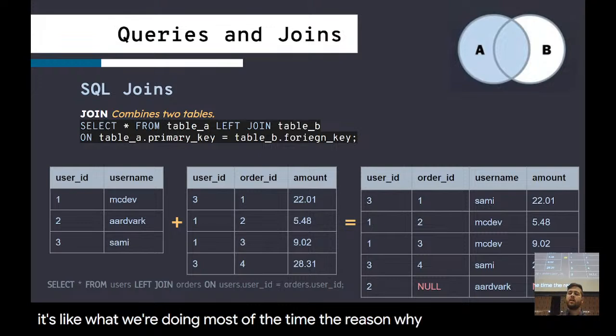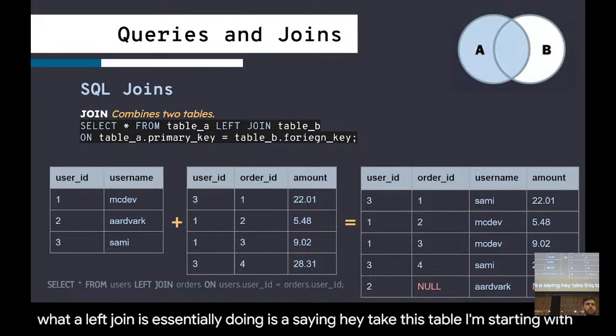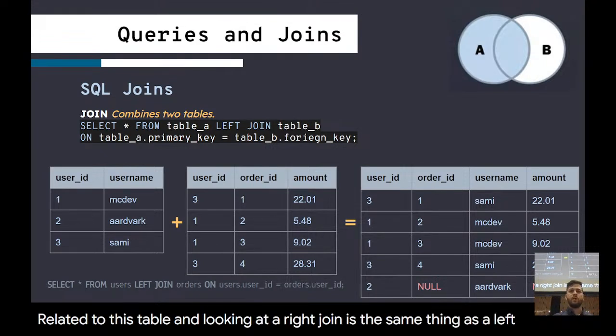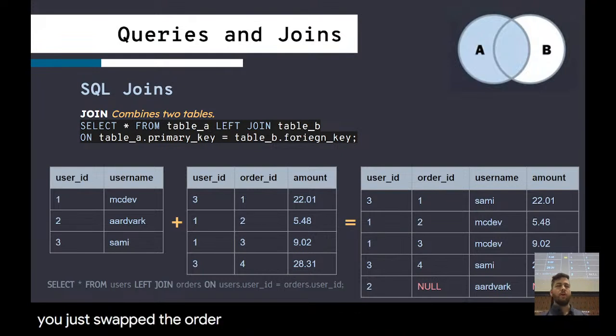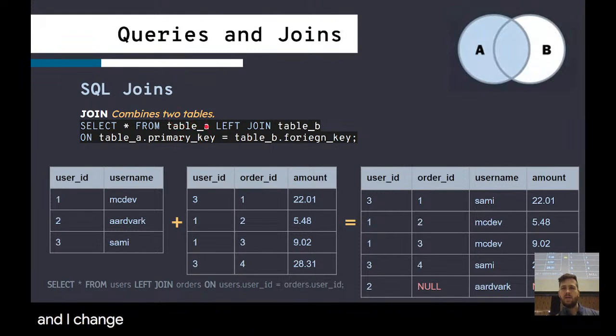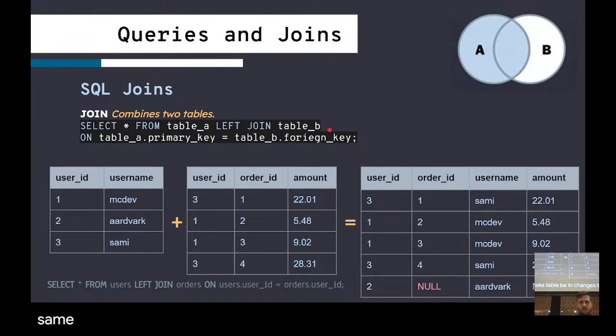What a left join is essentially doing is saying, take this table I'm starting with, and then we're going to get data related to this table I'm looking at. A right join is the same thing as a left join if you just swap the order. For example, if I take table A and change it to table B, and take table B and change it to table A, that's the same as making this a right join.